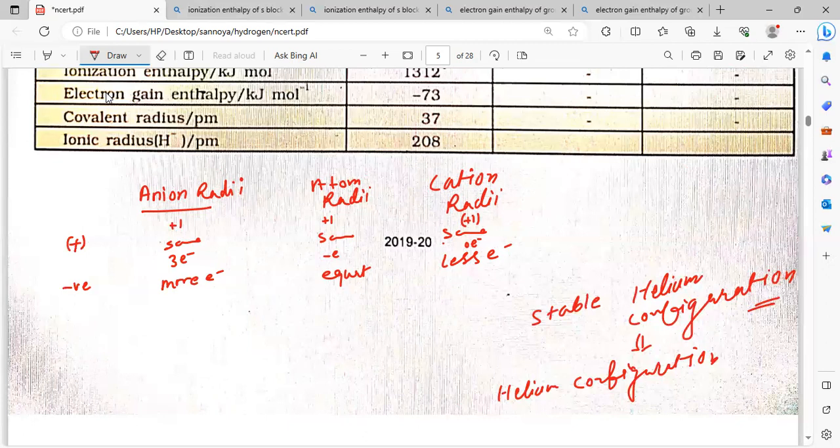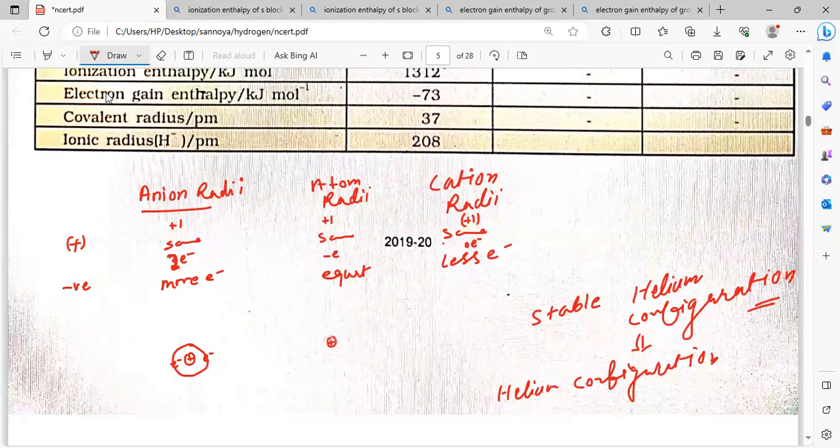In which case will attraction be high? Sir, in anion there should be 2 or 3 electrons. No, it is just an imaginary question, let us take 2 electrons. Which will have more attraction? Sir, atom radii. No, sir, anion will have more attraction because it has more negative charge.